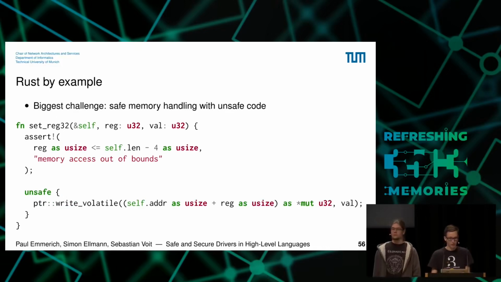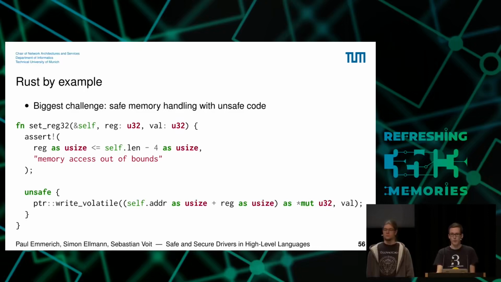Well, for example, we have the set register method to set the registers of our device, and we use pointer write volatile to write to some register of our device. And before we do that, we have some assertion in our code to assert that the address we are going to write to is indeed inside of the mapped memory region.